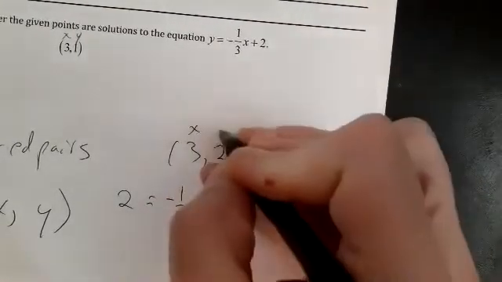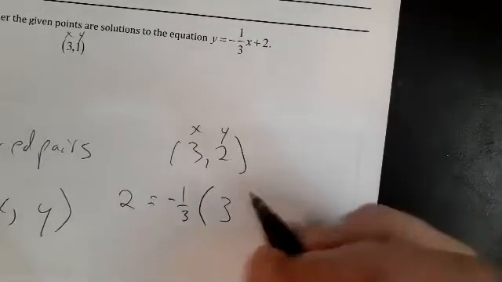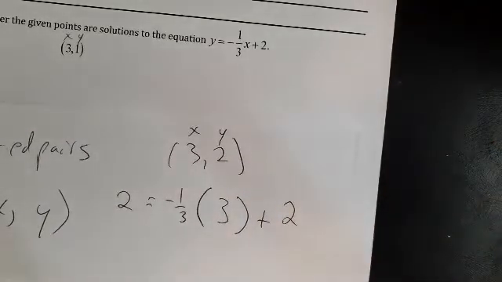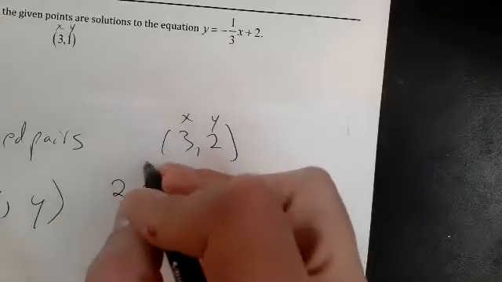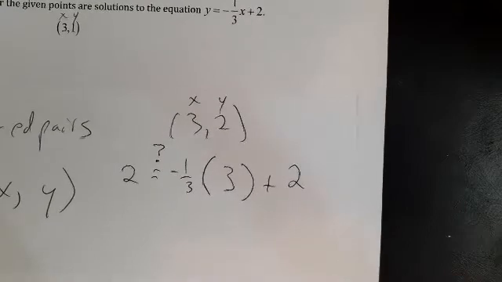So this is my x, this is my y that I'm plugging in. My x is 3, and I still have a plus 2 out here. And so we're going through, we're checking this thing. I don't really know if this is equal. Maybe I want to throw a question mark. That's what I'm trying to figure out, trying to see if this is a true statement.